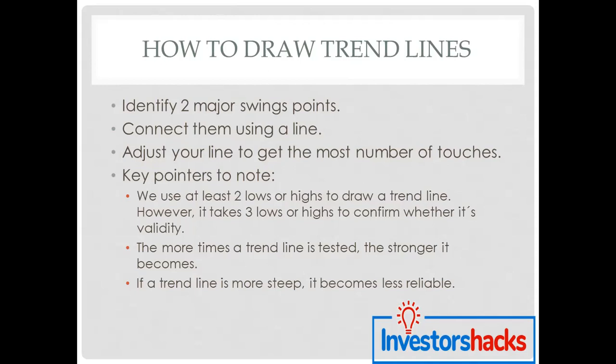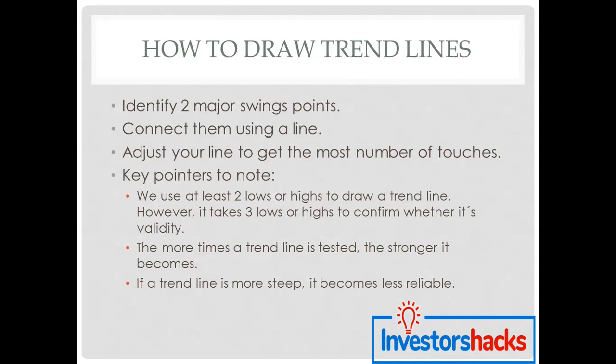So the key pointers that you need to note is that we use at least 2 lows or highs to draw a trend line, but it takes 3 lows or highs to confirm its validity. And therefore, the more times a trend line is tested, the stronger it becomes.